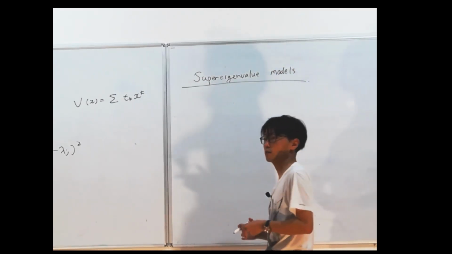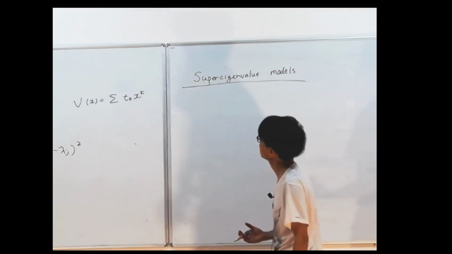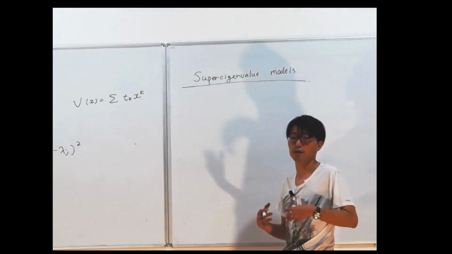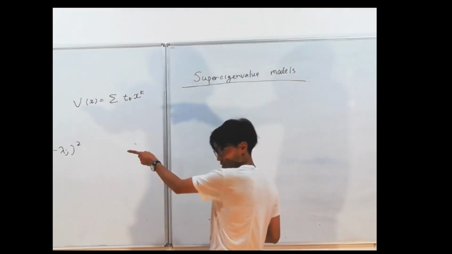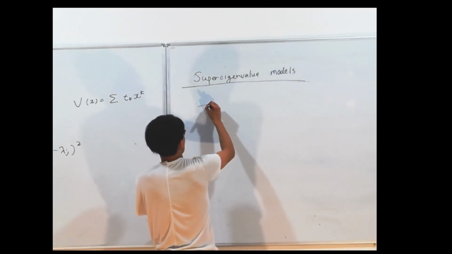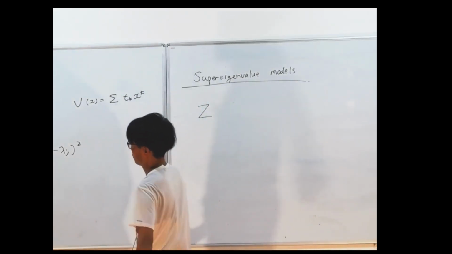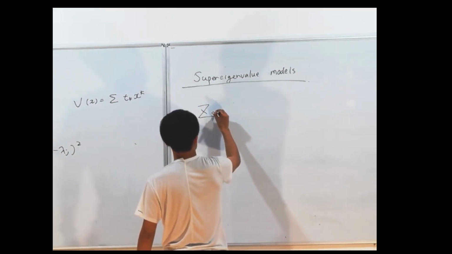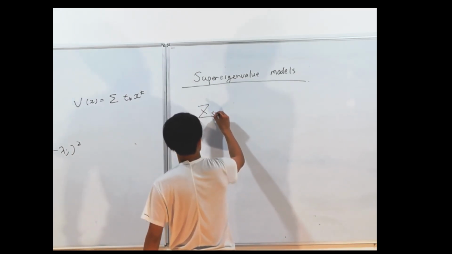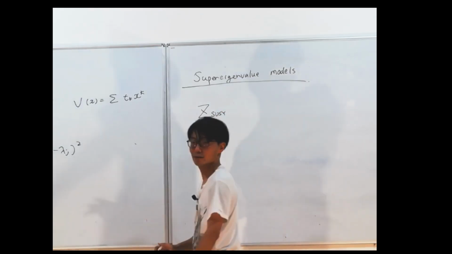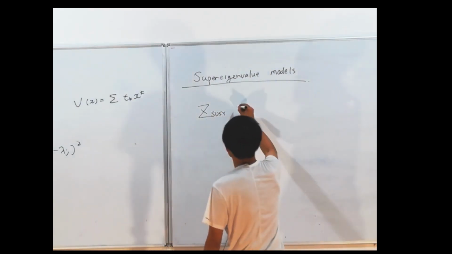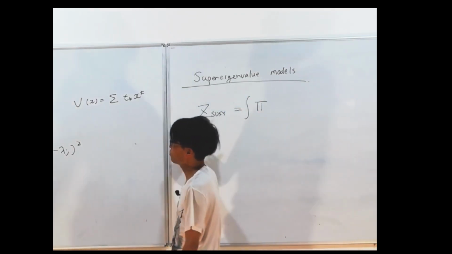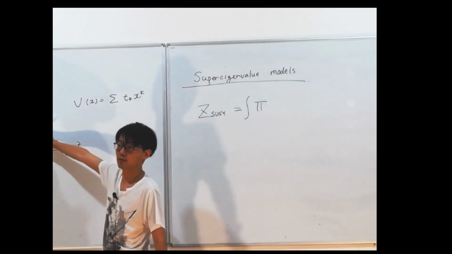So how do we do that? I don't think there's any definition of super eigenvalue models themselves, but we can define the partition function of a super eigenvalue model in a similar way. Basically, we want to impose a condition very similar to this.